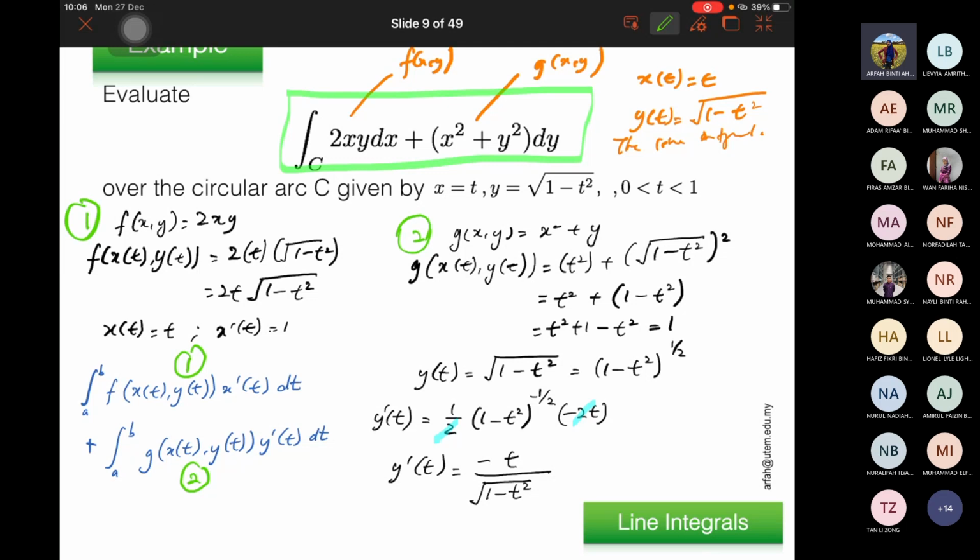Dan, dapat tak jawapan dia negatif 1/3? Sama je dengan yang tadi. But we get the negative value as the orientation goes from upward to downwards.